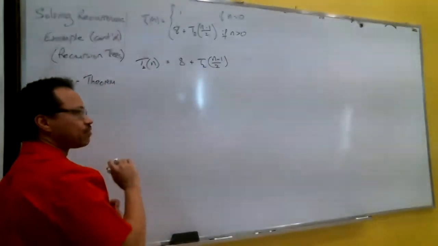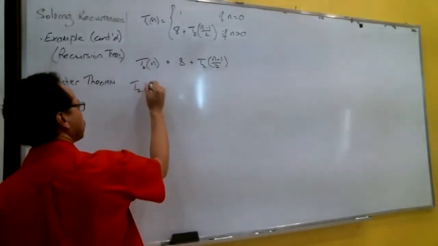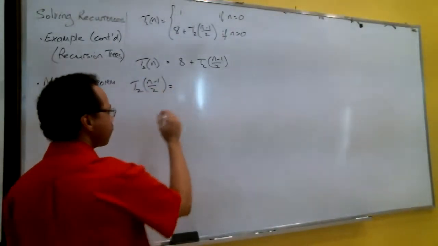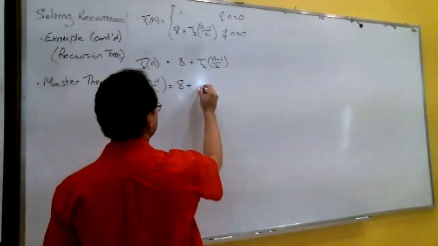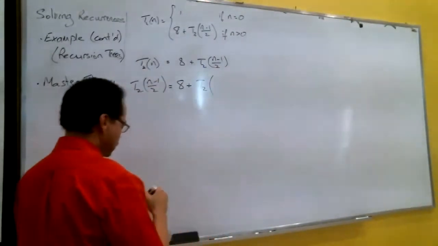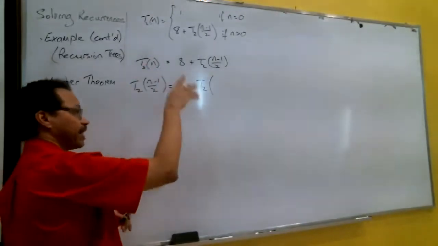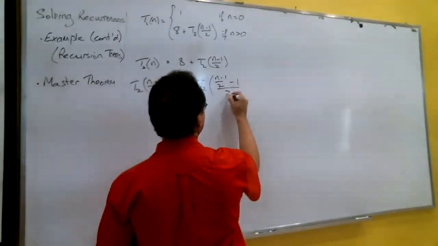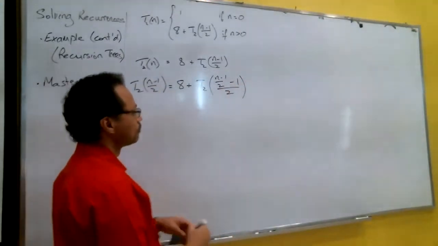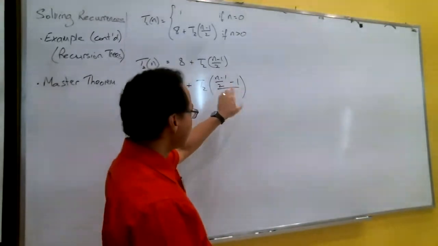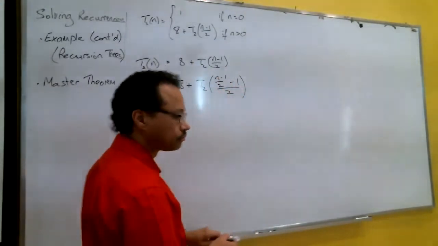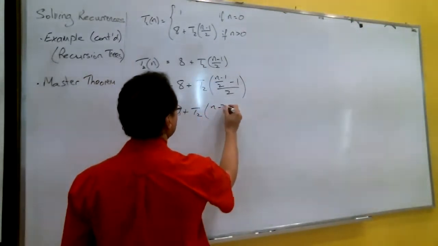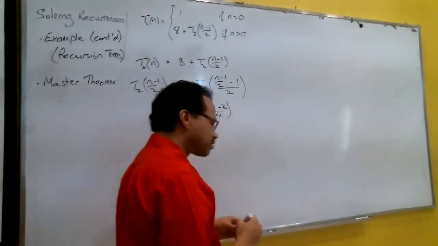When I want to figure out what T2 of n minus 1 over 2 is, assuming this is bigger than 0, that's going to be 8 plus T2 of, and now you substitute this for n. So that's n minus 1 over 2 minus 1 over 2. And when you do your simplification, that's going to be n minus 3 over 4. So that's where that came from.